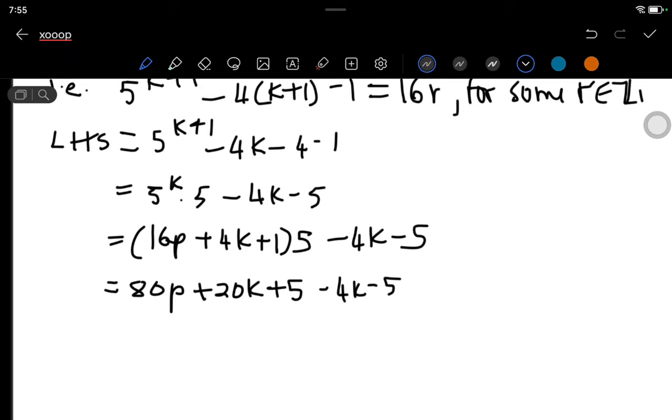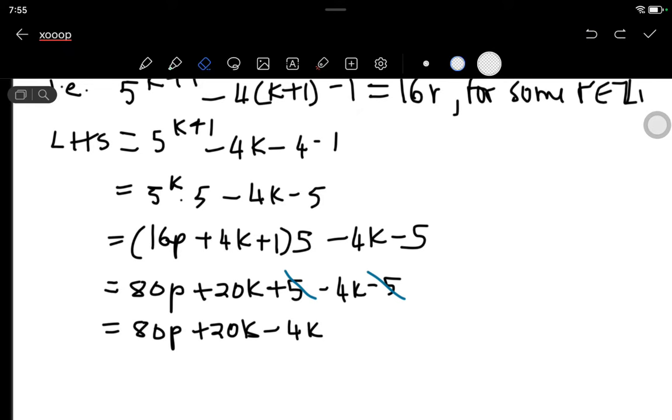I know that the 5 will cancel out. Now we'll be left with 80p plus 20k minus 4k. Then 20k minus 4k will give us 16k. So I'm glad you can see now how we are getting 16k.